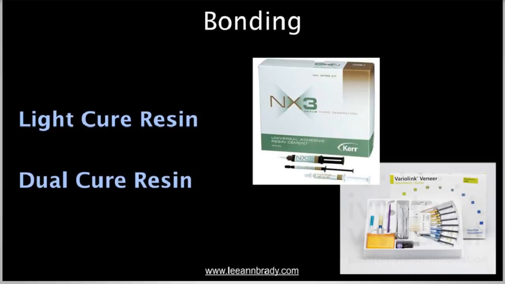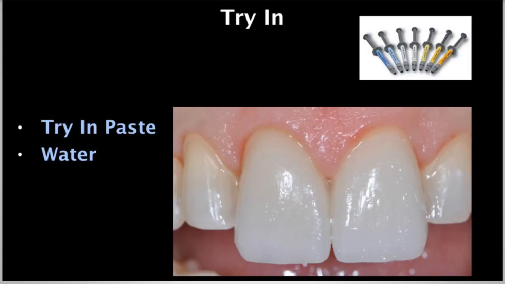One of the risks of dual cure materials is that the chemical initiator or catalyst can cause color shifting of the cement over time. Well, in the posterior of the mouth, that's not a deal breaker. In the anterior, that can be very critical. And so we do have strictly light cured materials, we have dual cured materials, and then there are some systems on the market that are light cured and allow you to add a dual cure catalyst and convert it to being dual cured.